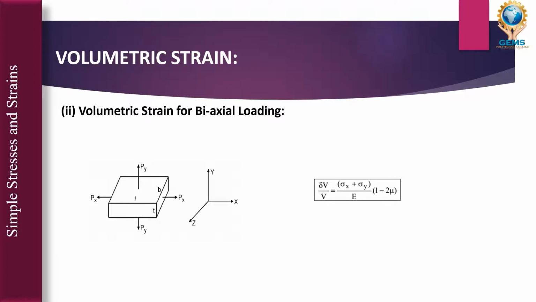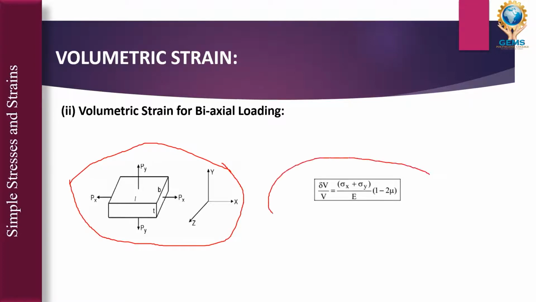So our formula is: we combine the stress of x-axis plus stress of y-axis, divided by Young's modulus E into 1 minus 2 mu. Mu is Poisson's ratio, lateral strain by longitudinal strain. Here also you have to keep this diagram and formula in mind to solve numerical problems.